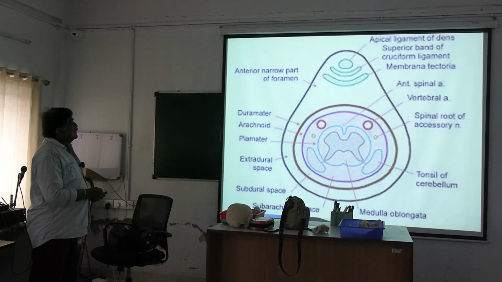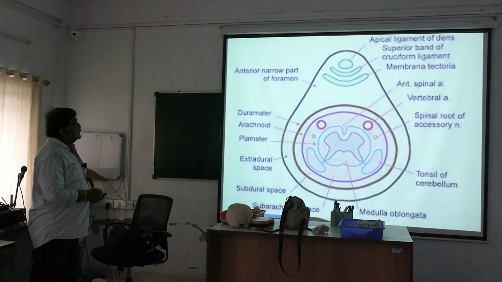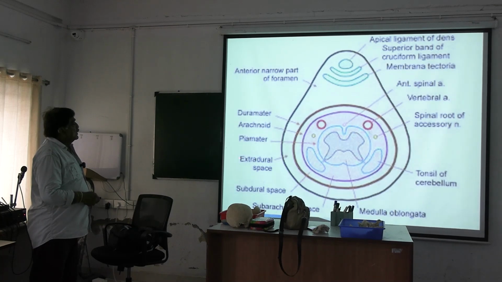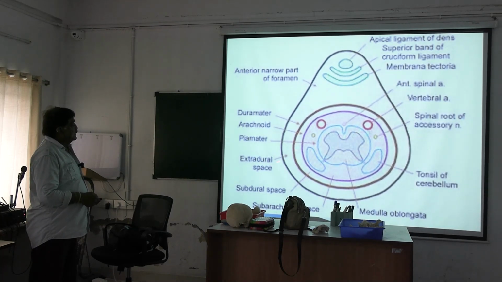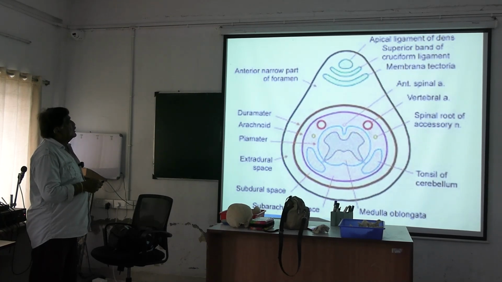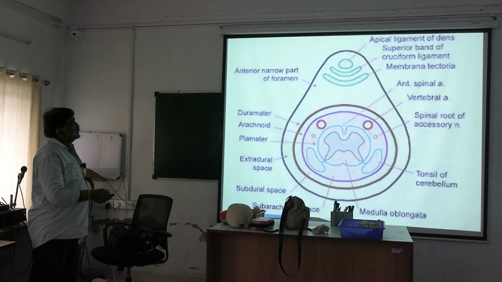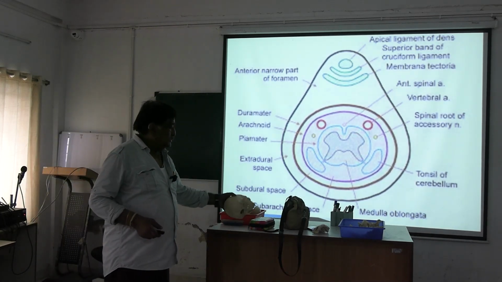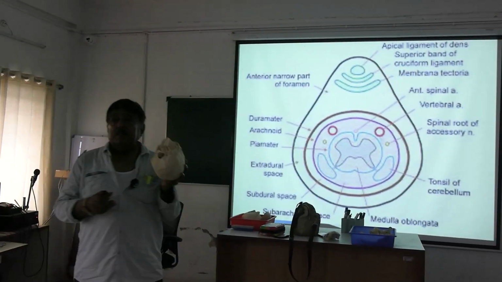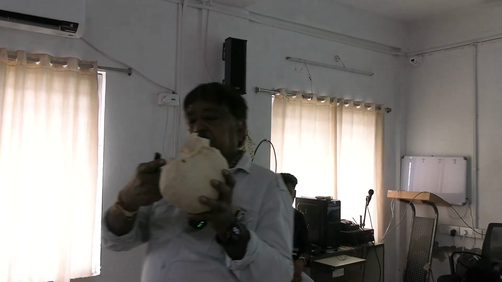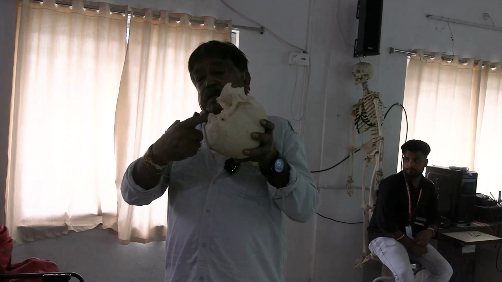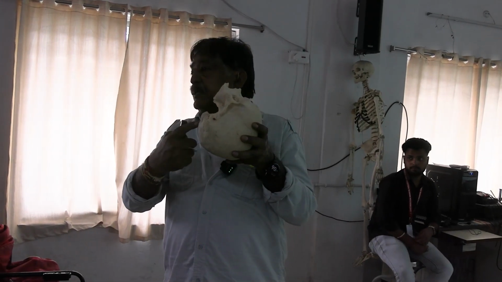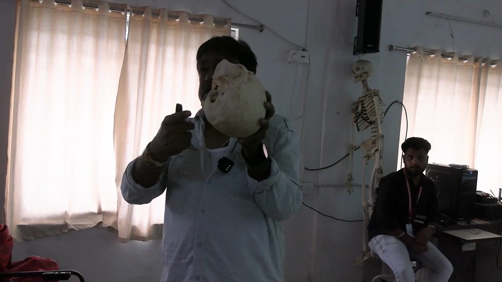This is the dura mater, the arachnoid mater, the pia mater, the extradural space, subdural space, subarachnoid space. This is the anterior narrow part of the foramen. See, the foramen is wide here, and this is the narrow part.